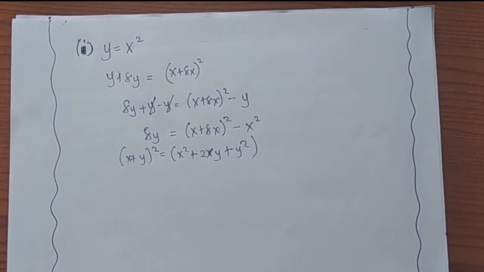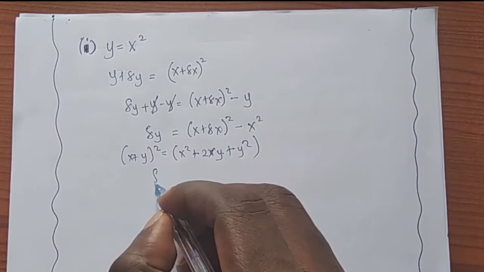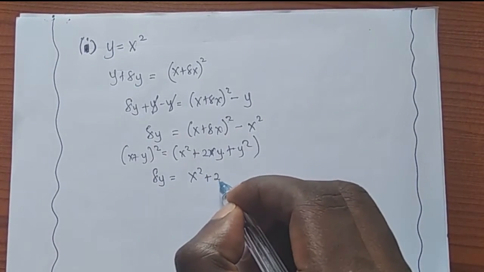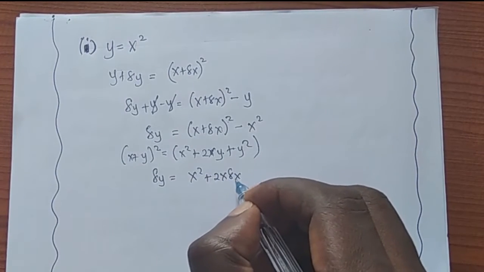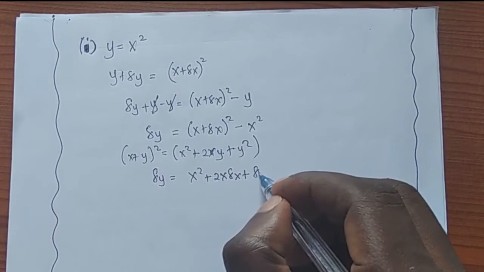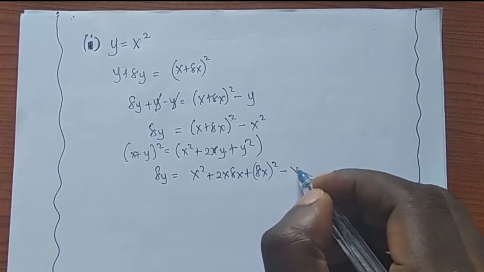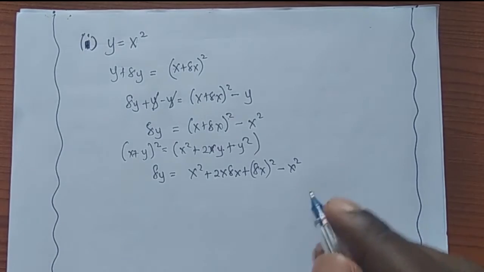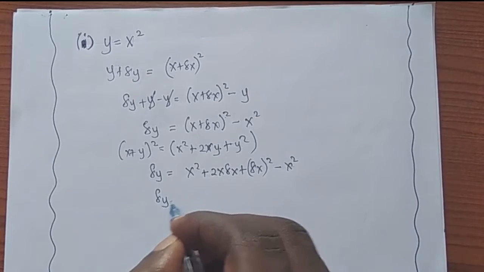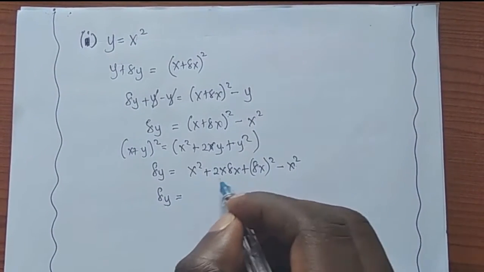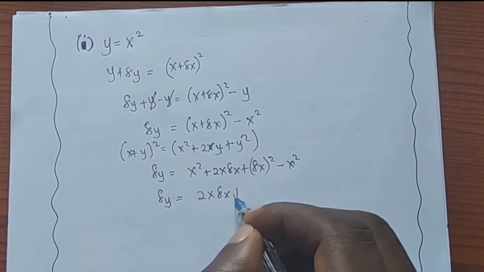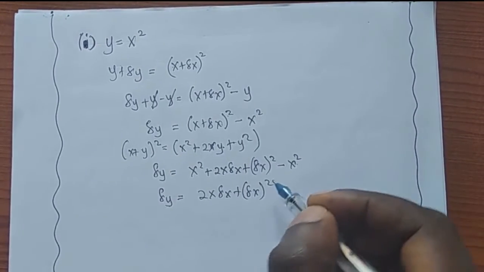You agree? So I can apply this up there. Small change in y is equal to x squared plus 2x change in x plus the delta x squared minus x squared. So the x squared terms can now reduce. Small change in y is the same as 2x change in x plus change in x squared.